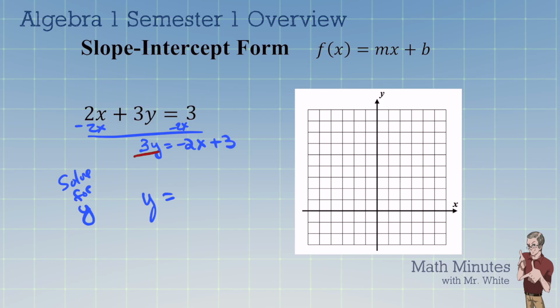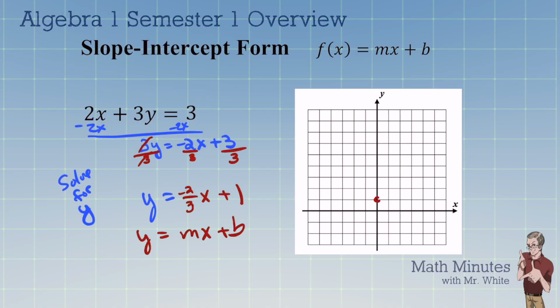We then divide everything by 3. Notice how I'm going to use small fractions on everything rather than doing a big fraction bar on the right, because 3 divided by 3 is 1. Negative 2/3 x plus 1. Look at that. That's in mx plus b form, slope-intercept form.